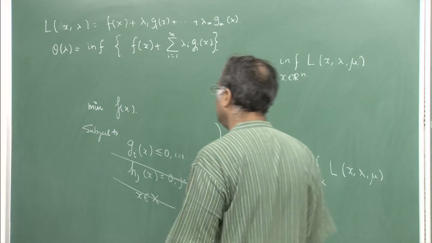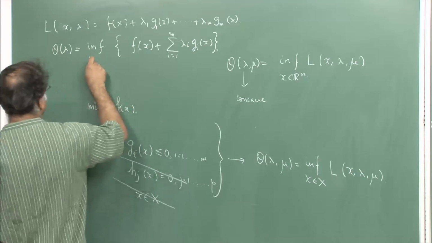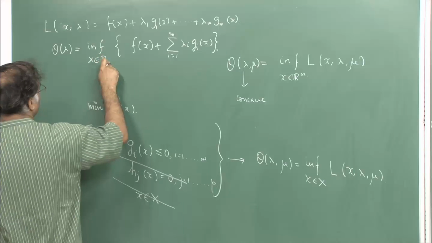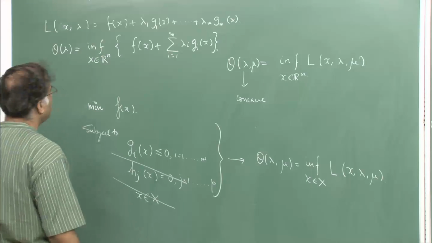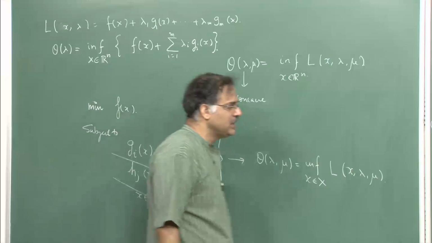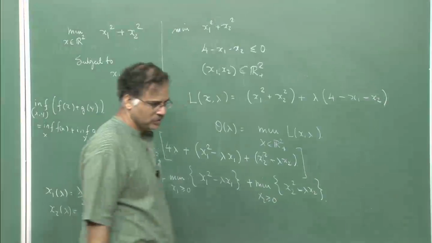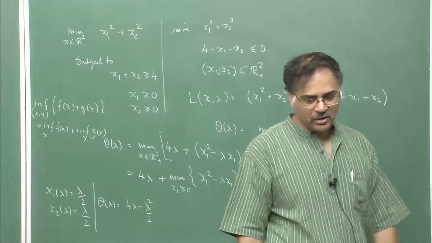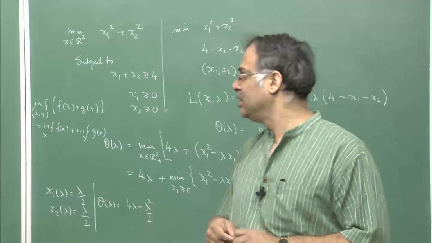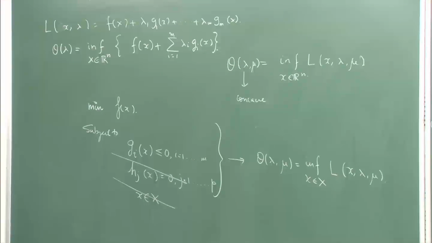Of course, the infimum is over the whole x, all the x. Now, the question is, I really do not know whether a minimizer of this exists or not. If a minimizer of this does not exist, you can compute the subdifferential, but it would be too complicated. It will be extremely complicated.